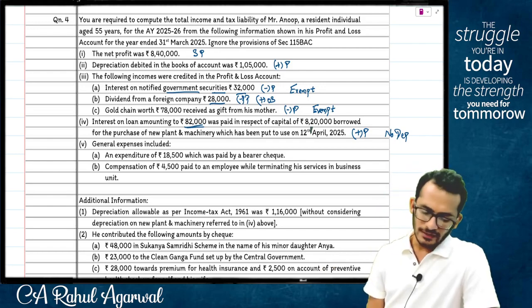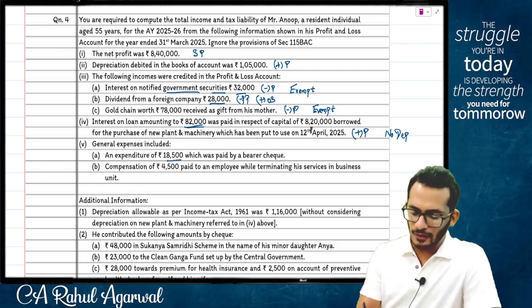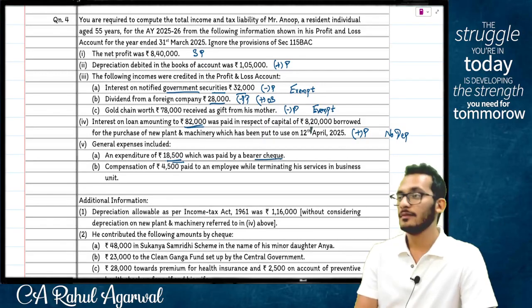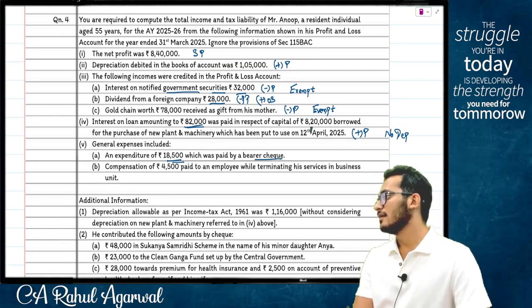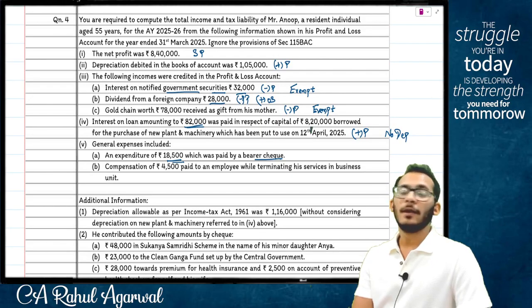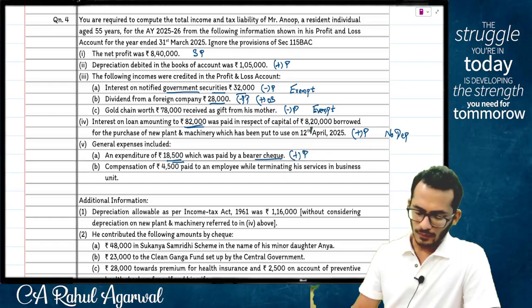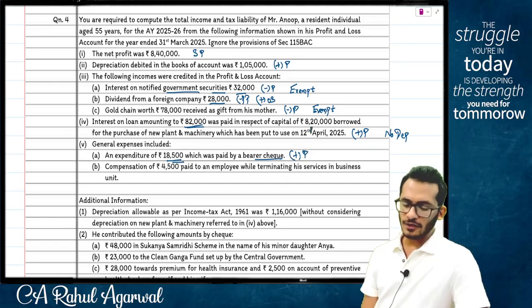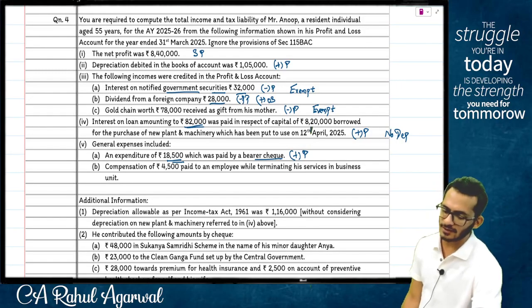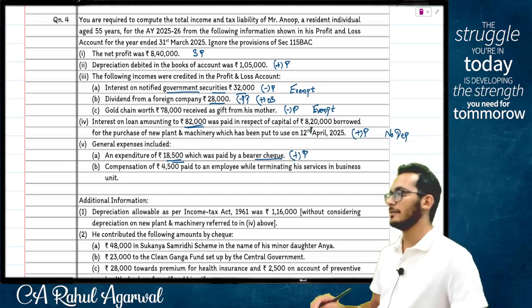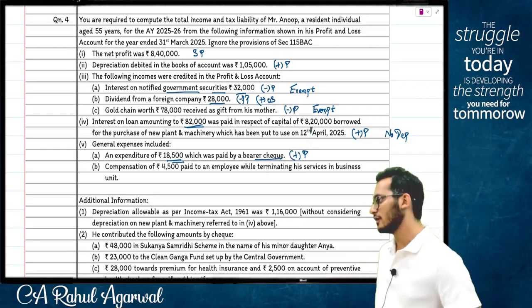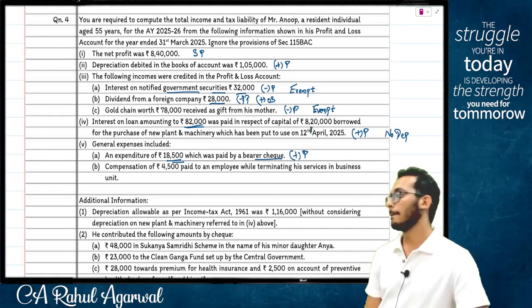Move forward. General expenses includes an expenditure of 18,500 which is paid by bearer cheque. Bearer cheque. Permissible, not permissible? Therefore, disallow. Compensation of 4,500 paid to an employee for terminating his services in business unit. I am paying him compensation of 4,500. Okay, not okay? Okay.